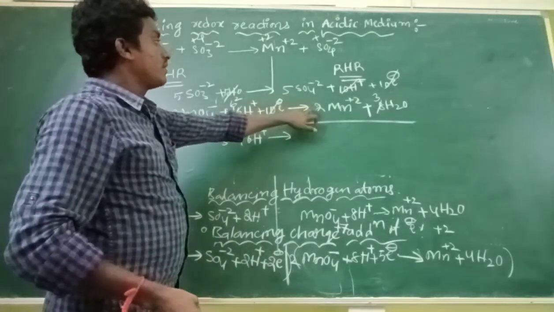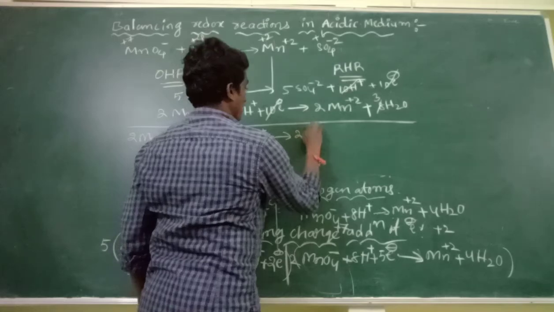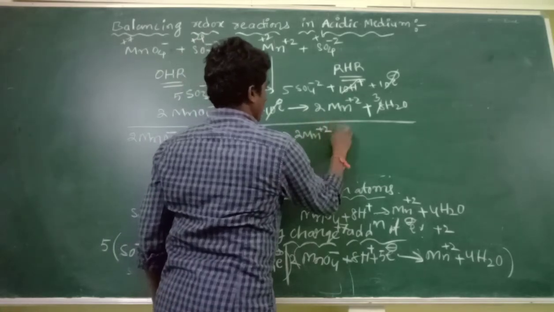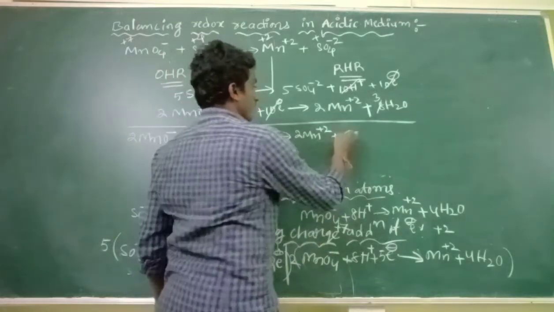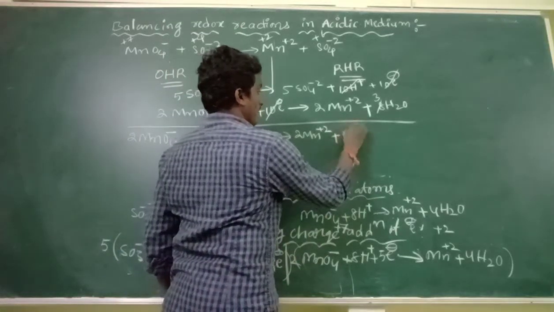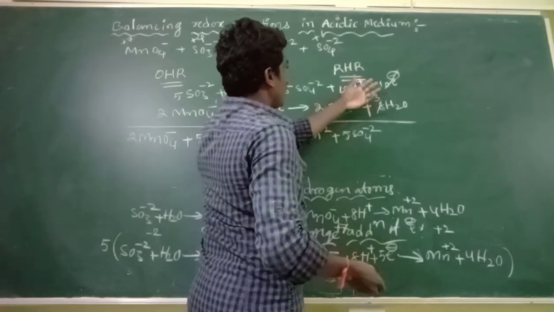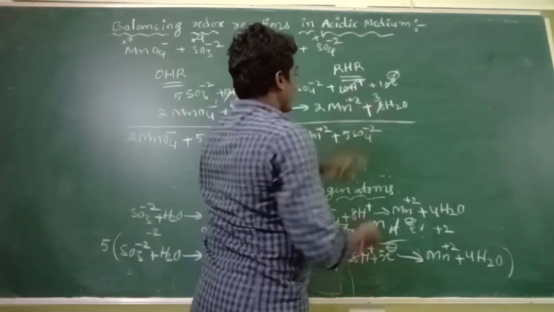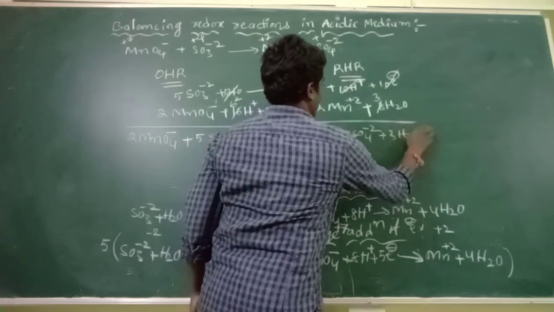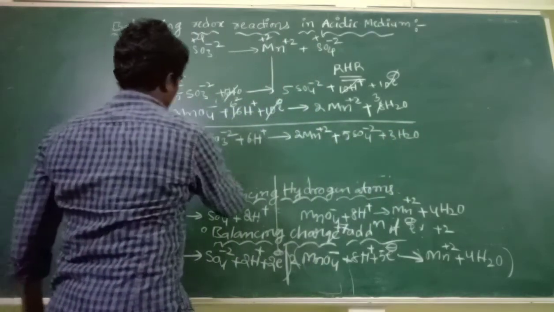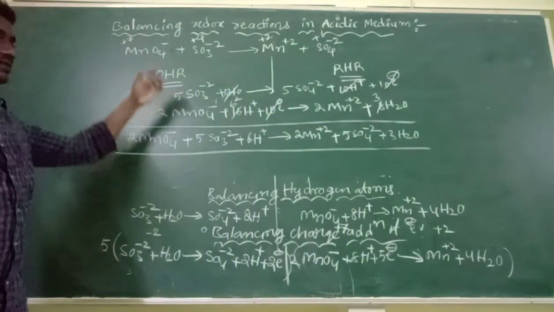On the right side, 2Mn plus 2 plus 5SO4 minus 2 plus 3H2O. Electrons are cancelled and the remaining 3H2O are present. This is the balanced equation in the acidic medium.